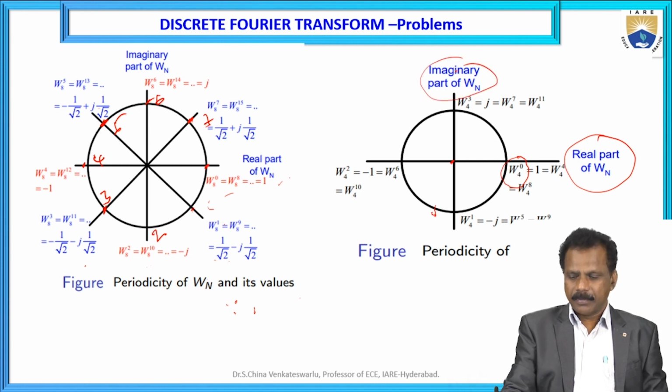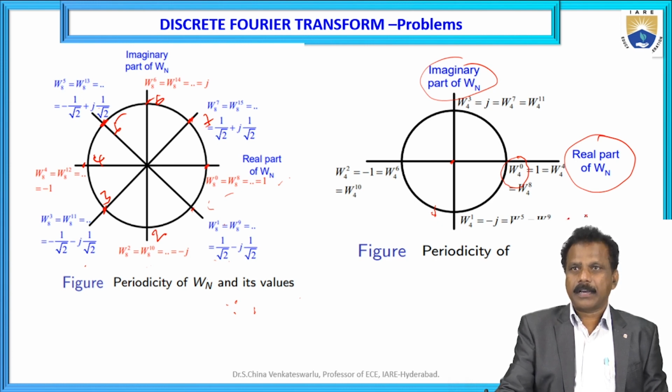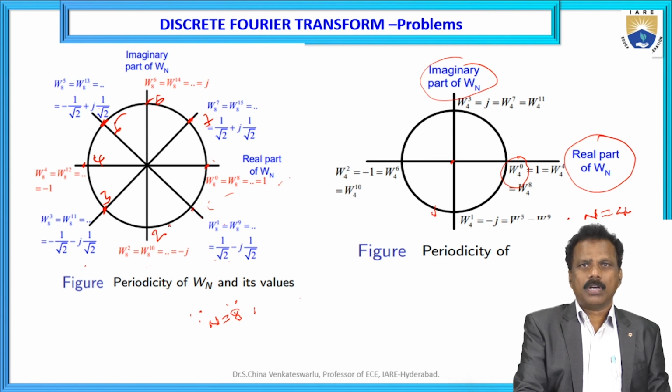Initially W4, where capital N is equal to 4. But in the previous case, capital N is equal to 8: 0, 1, 2, 3, 4, 5, 6, 7, and up to 0 again, that is 8.